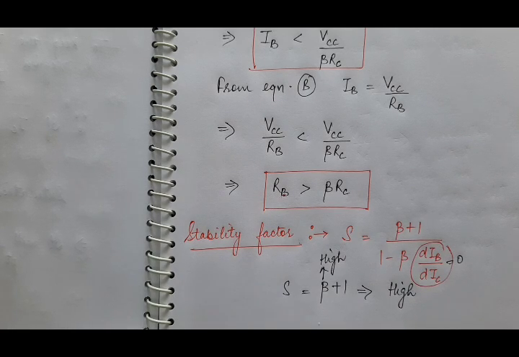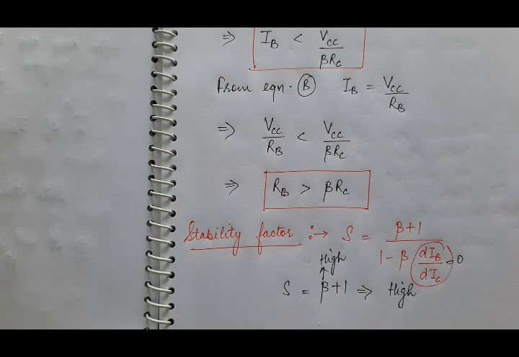So these are the advantages of fixed biasing: only a single resistor RB is used, and its value, which must be greater than beta RC to keep the transistor in the active region, is also easily achieved. And there is no resistor connected to the emitter terminal in this case.